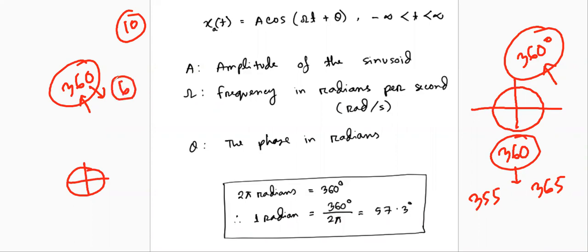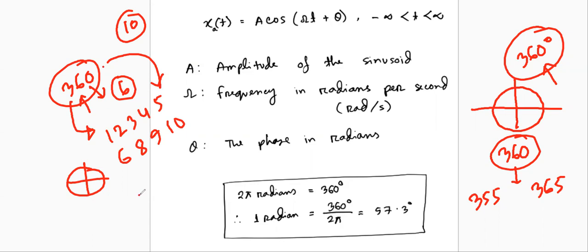And if you think of this 360 degree, it can be related with 1, 2, 3, 4, 5, 6, 8, 9, and 10. So all the numbers can divide it, that is, all of these numbers can make 360, apart from 7. So this is very convenient.